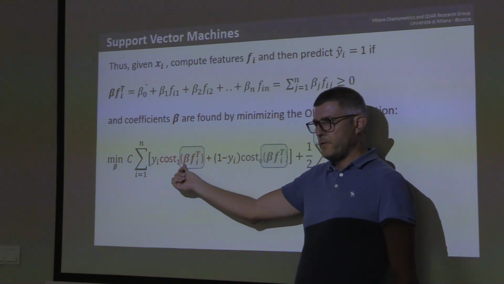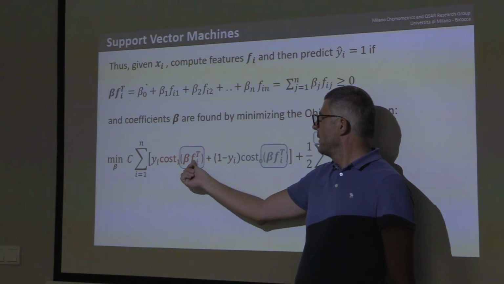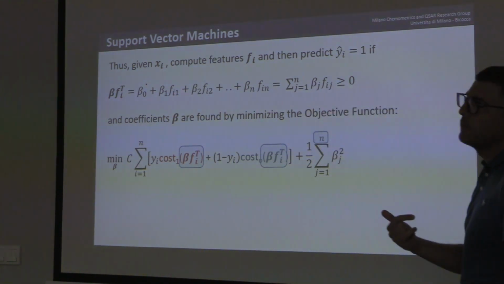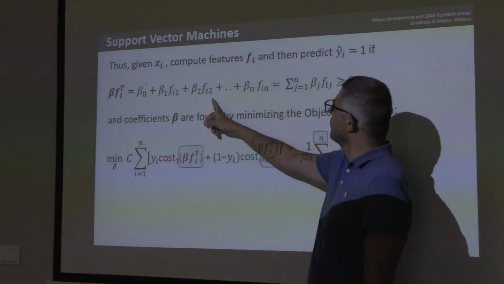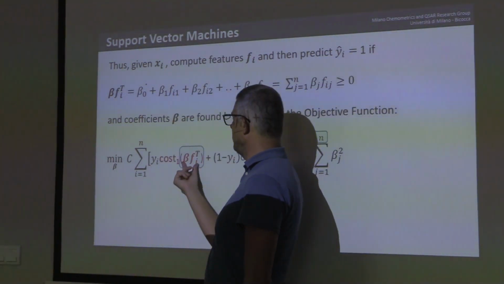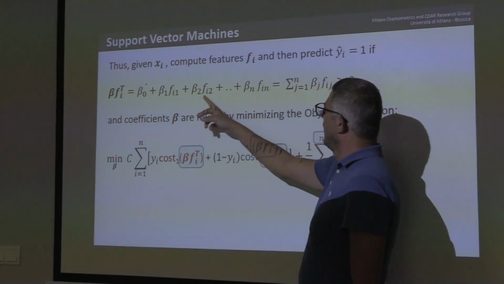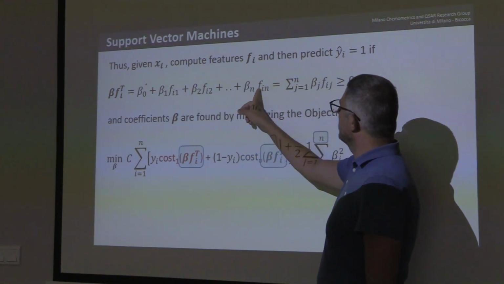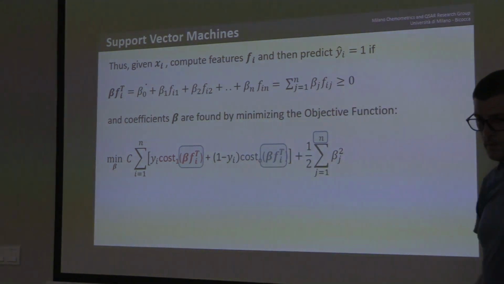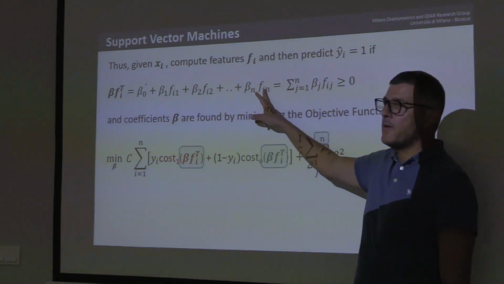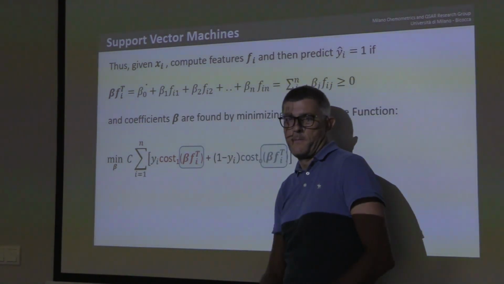These are the coefficients, and these are the new features we got from the kernels. I have the coefficients associated to all these new features. And if I have n training samples, I will have n features.